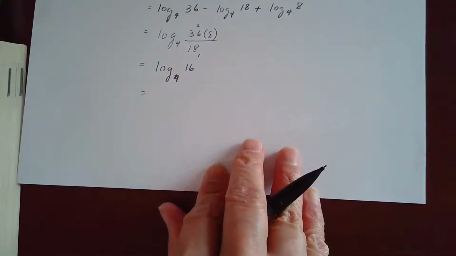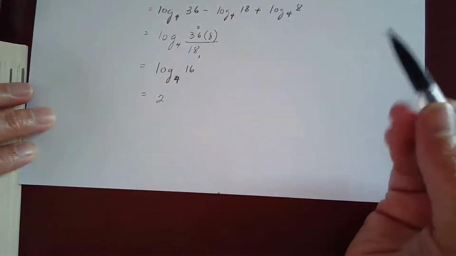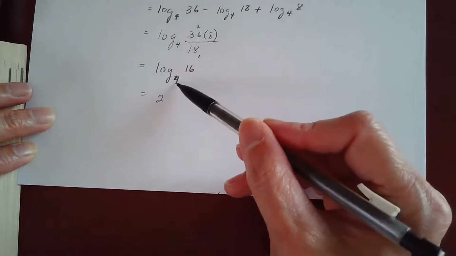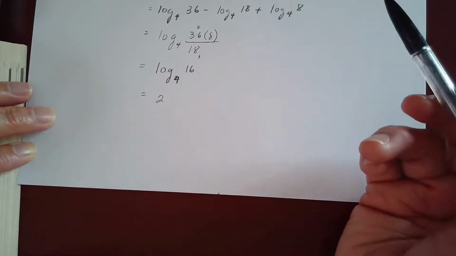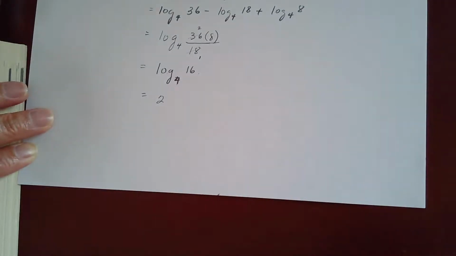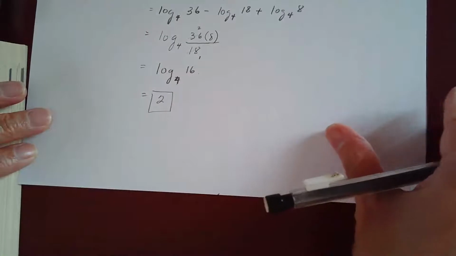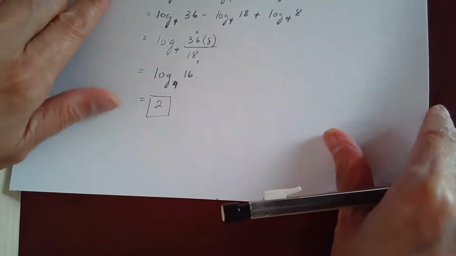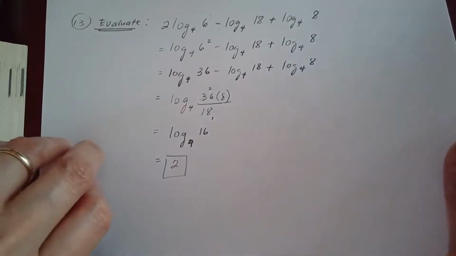So the answer there is 2. So 4 to what exponent gives me 16? That's 4 squared. It's 2. So the answer is a nice number, 2. Okay, so evaluate means not solving, but going down to figuring out its value.